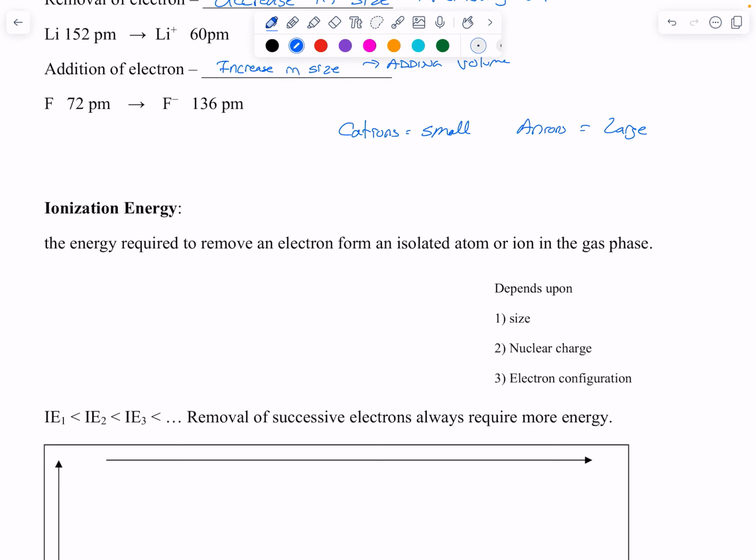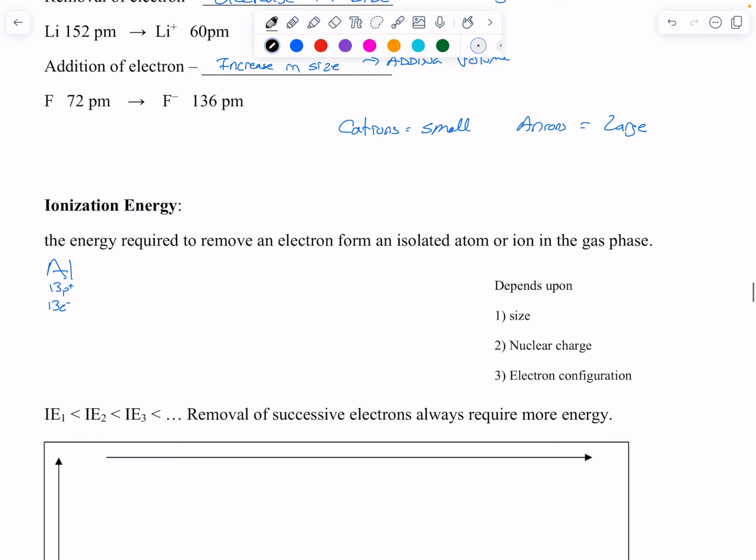So for example, aluminum metal, 13 protons, 13 electrons, goes to aluminum plus, 13 protons, 12 electrons. This would be the first IE.